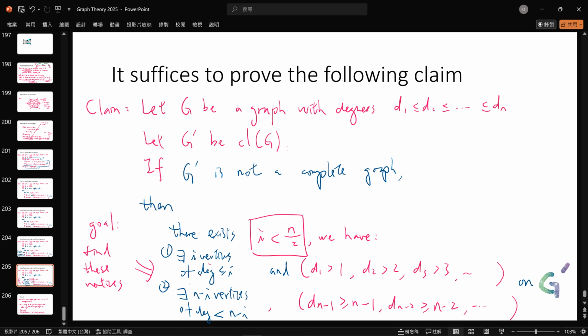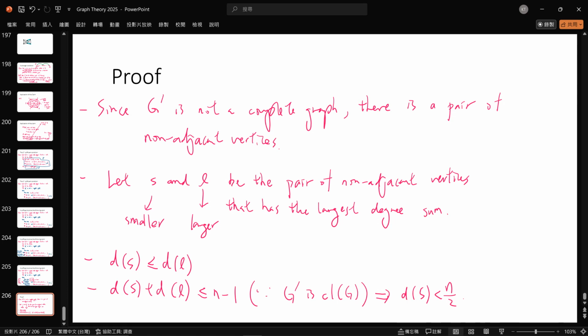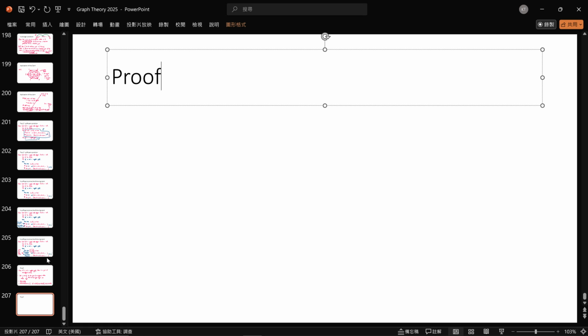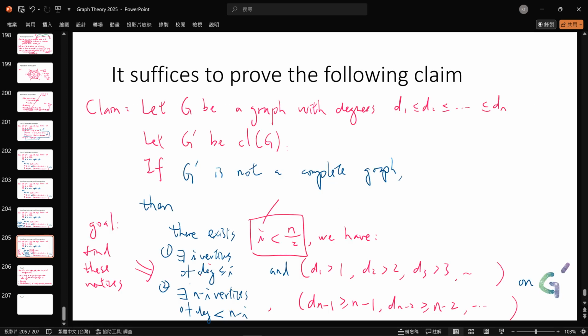Since we've shown that ds is less than n over 2, we're going to just let I be ds. So I is just the smaller degree in this vertex pair.